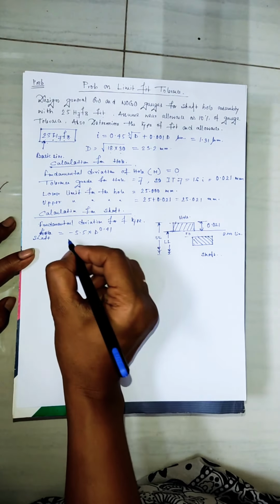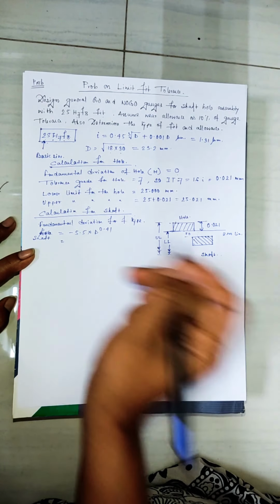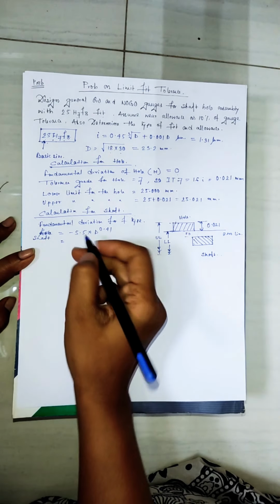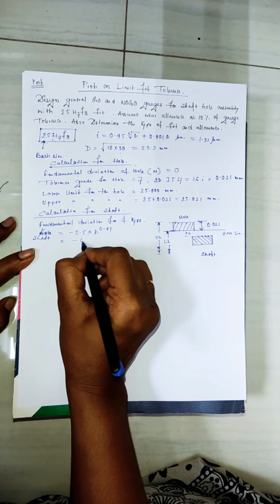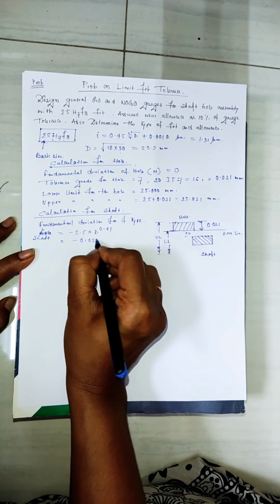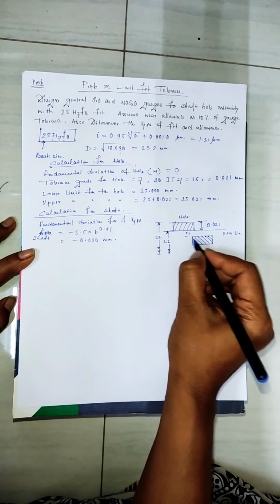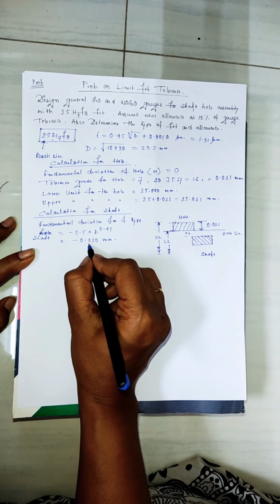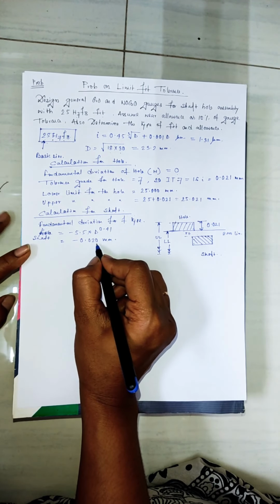This formula is given. So for that case, the value is minus 0.020 millimeter. So this fundamental deviation value is 0.020 millimeter.